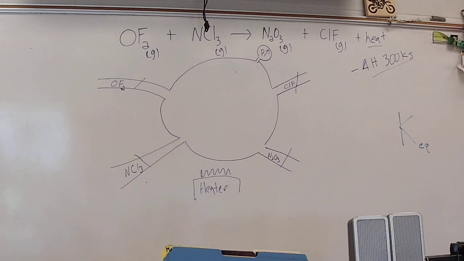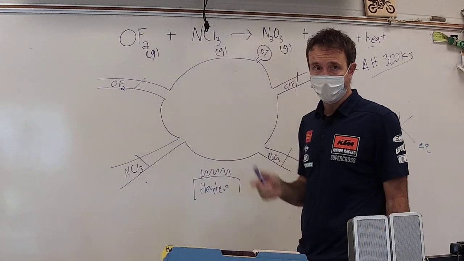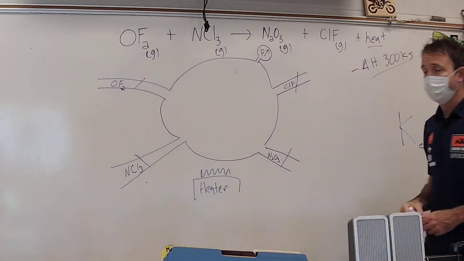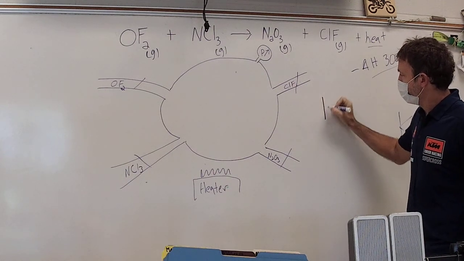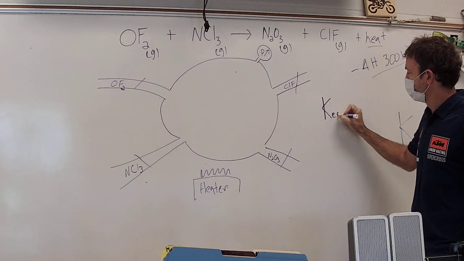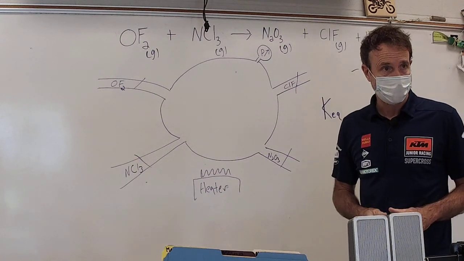So let's talk about this. For every equation you can write, you come up with a number called K. The K of equilibrium is called the equilibrium constant, okay?